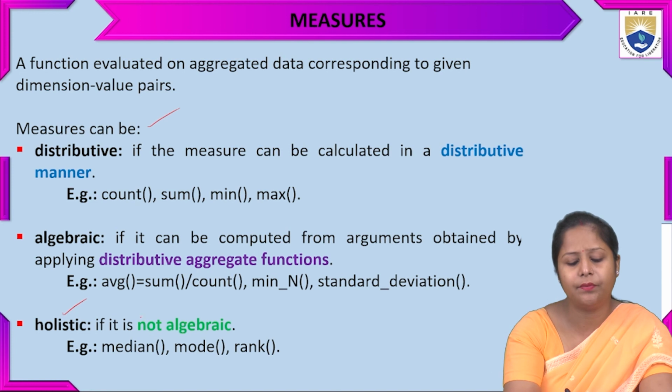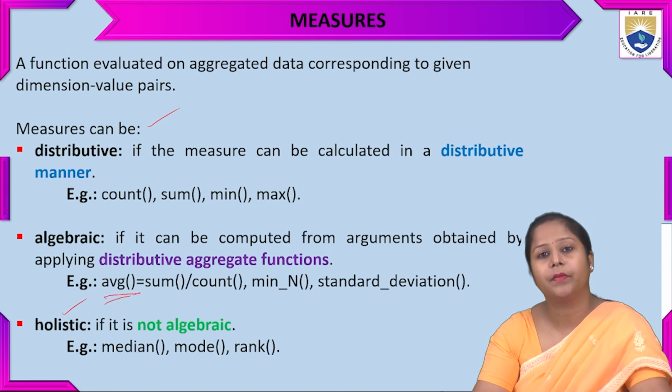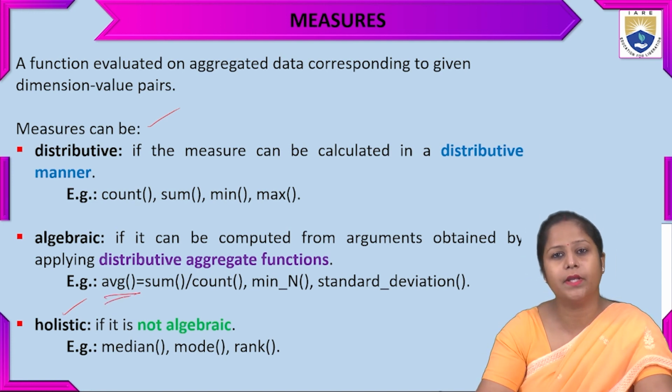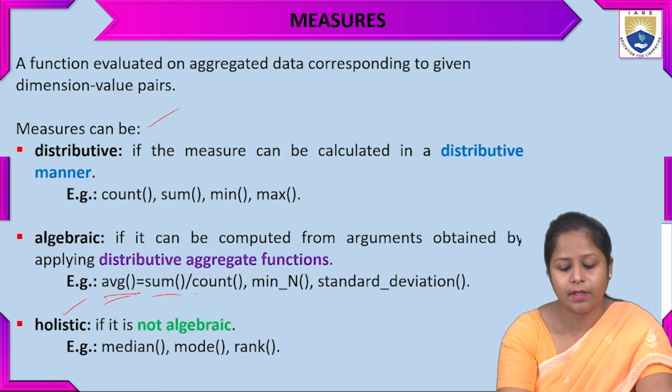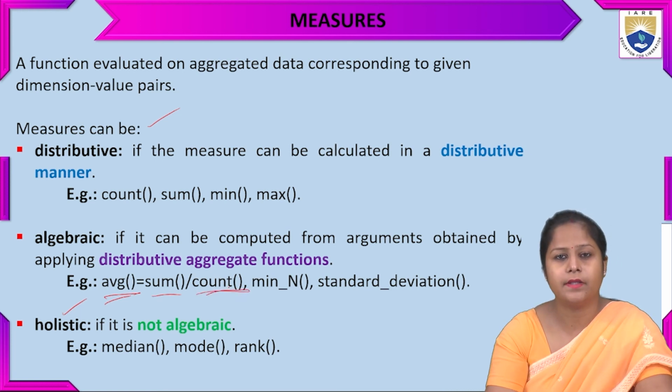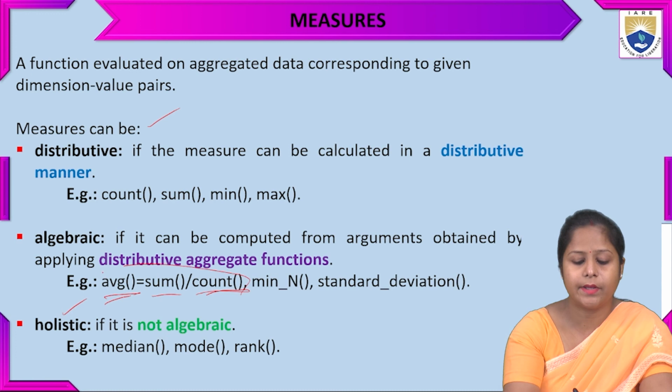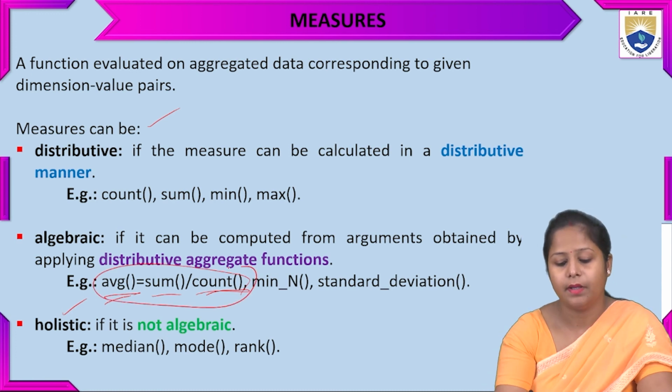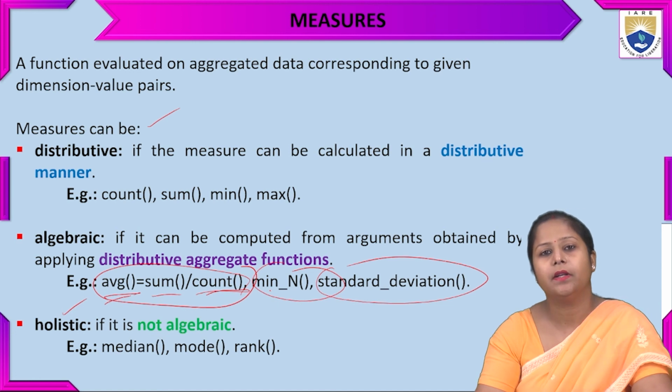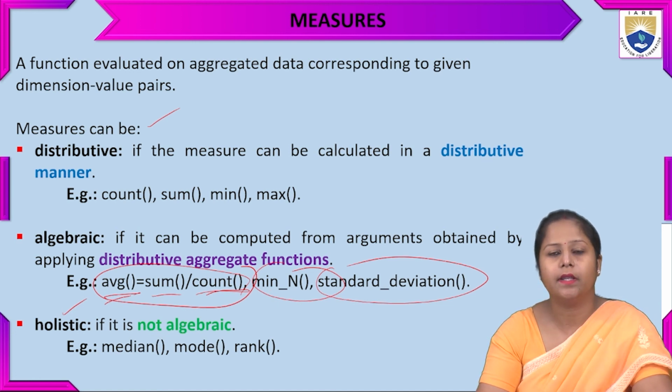For example, if you have the average measure, that is a combination of sum divided by count. So that is nothing but the algebraic measure, used for different calculations using a combination of distributive functions.